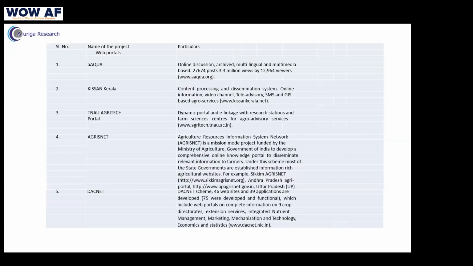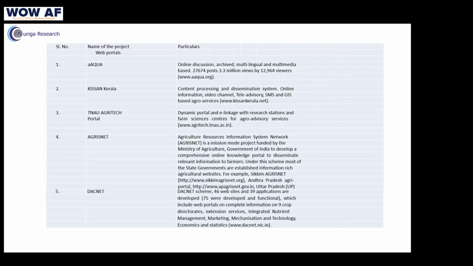This is where I had compiled a large number of web portals and projects, both government and others. So Kisan Suvidha is one app, then Mosam is another, both IMD based. Then we have AgriSNet. TNAU is a leader in this, and they have a very dynamic portal, and their apps are also highly used by the farmers.